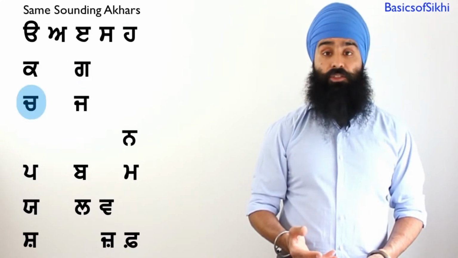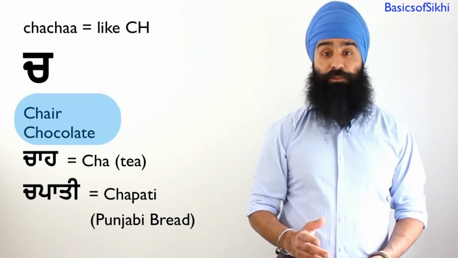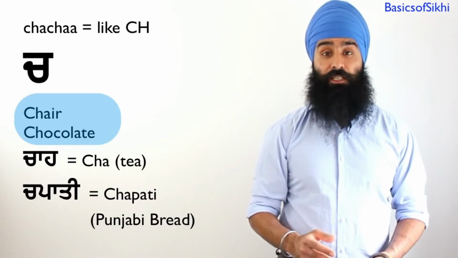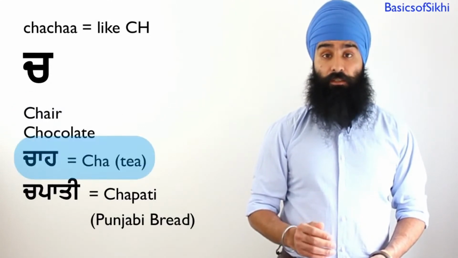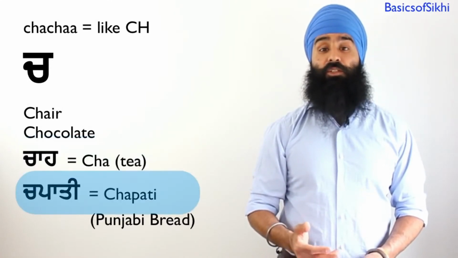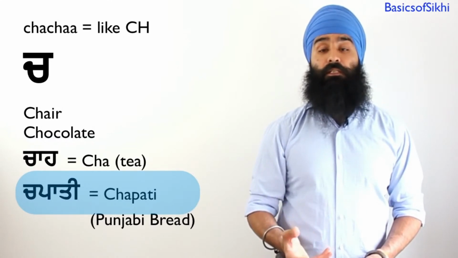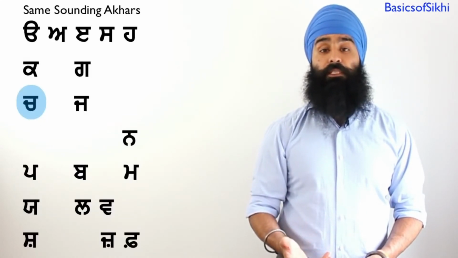Next letter, chacha, ch. This makes a ch sound, just like you would say chair or chocolate, ch. Now in Punjabi, cha, cup of tea. Yeah, you're going to get offered a lot of that when you go to Gurdwara. And chapati. Chapati means the roti that we eat in our langar. So chacha, chapati.